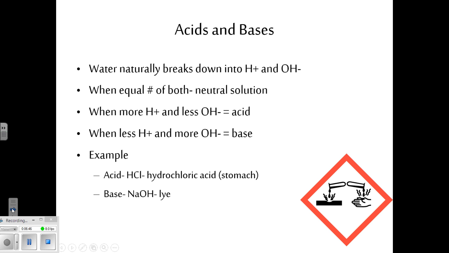So things like your stomach acid, battery acid, vinegar, things like that are all acids because they're going to have more of those H's on their molecules. When there's more of the OH's, that makes it a base. So something like ammonia is going to have OH in its chemical formula, and that makes it basic, so above 7.